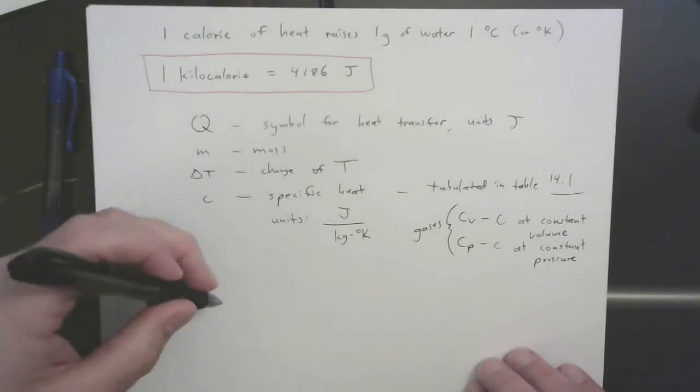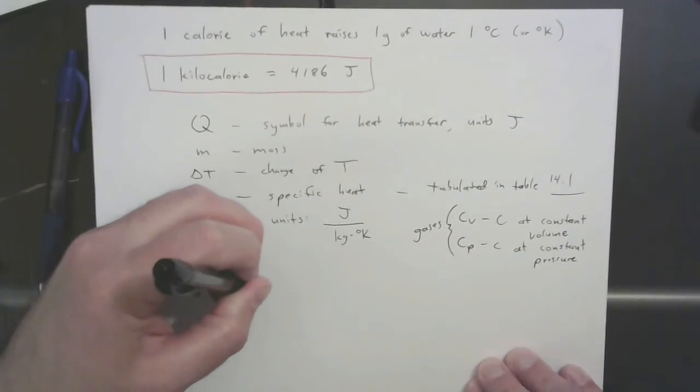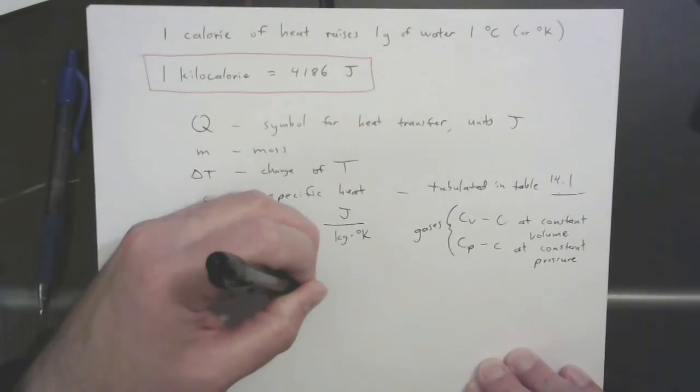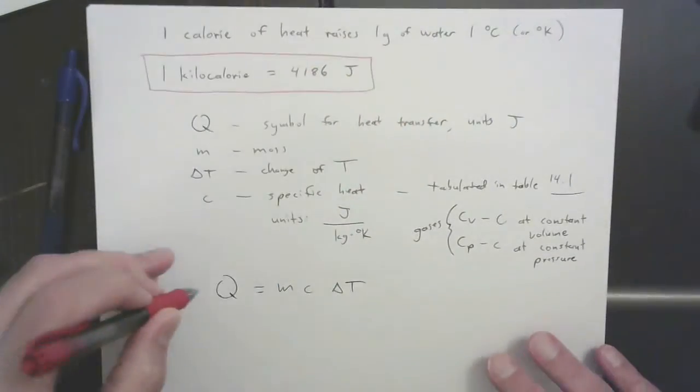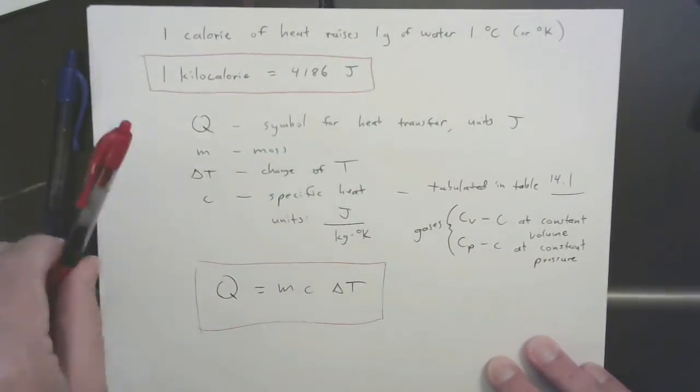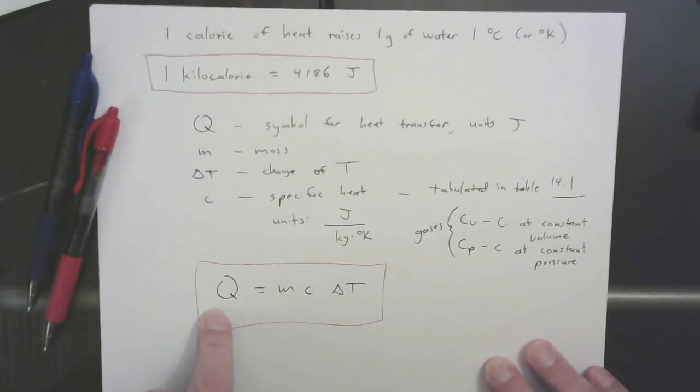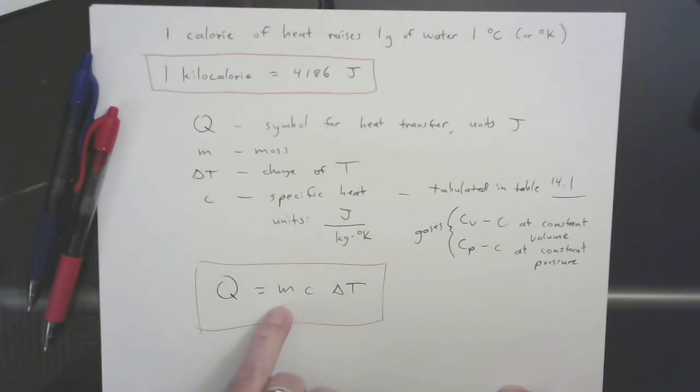All right, so there's our symbol mishmash, and of course it all compactifies quite nicely for our formula. So there's our formula to box up. So the heat transfer in joules is equal to the mass of the substance times its specific heat, and then multiplied by the change of temperature.